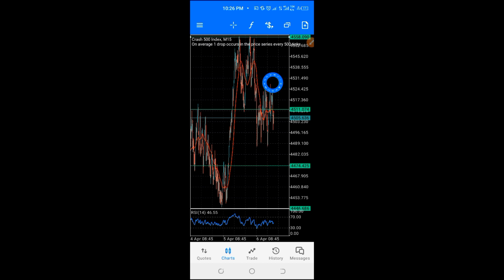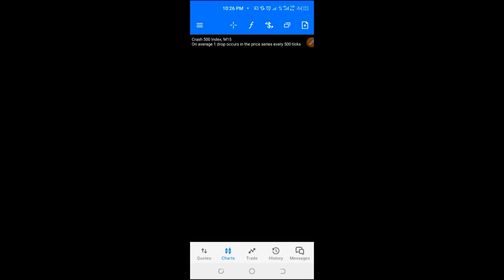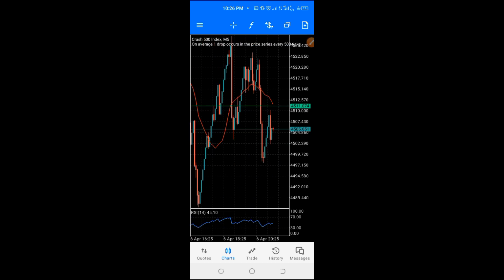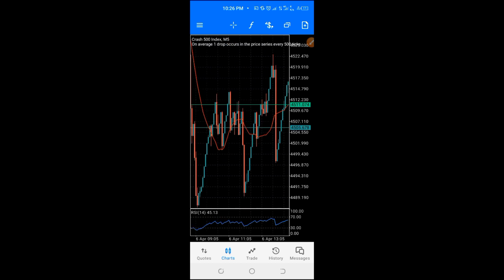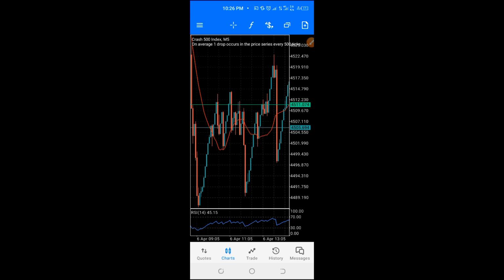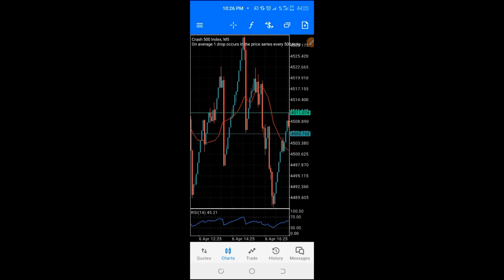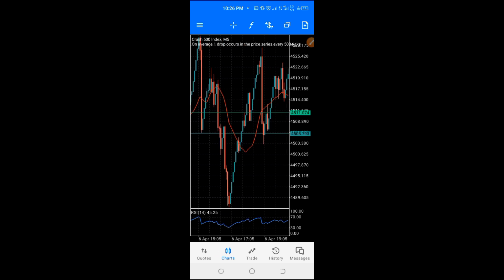It is preferable to trade this strategy in the 5 minutes time frame so that you see what is happening. Once it reaches this trend line, there are tendencies that it will crash back. It's reached here, passed a little, crashed, then passed again, crashed, passed, crashed, and then you can see it here.